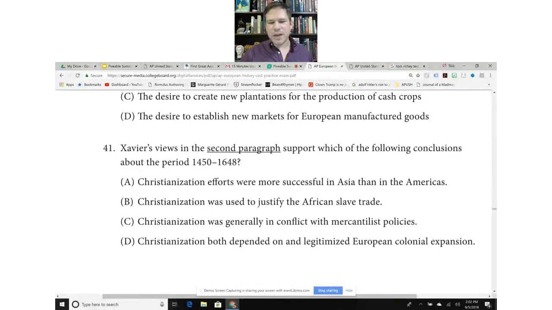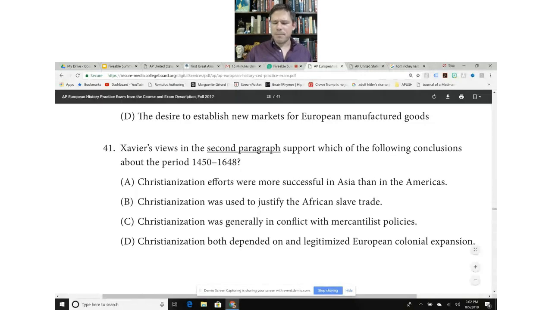I'm not really seeing a direct connection there, but again, the African slave trade is associated with the West Indies, not the East Indies. Christianization was generally in conflict with mercantilist policies. I don't really see a direct relationship there. D, Christianization both depended on and legitimized European colonial expansion. That looks interesting. Let's go ahead and take a look back at the second paragraph.